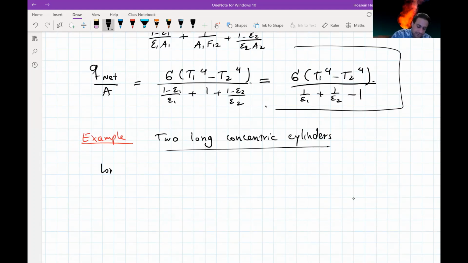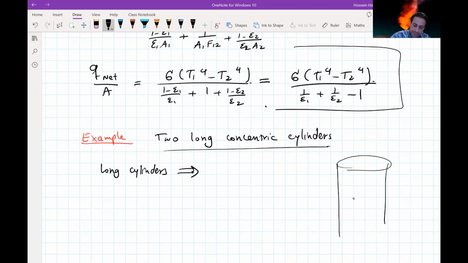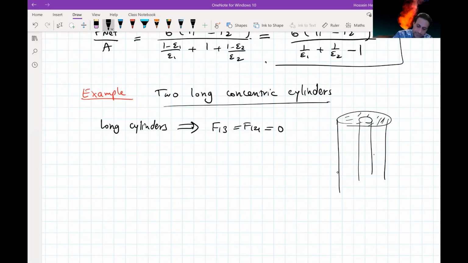Now consider long concentric cylinders. Since they are long cylinders, we can assume the top and bottom surfaces are negligible here, or they don't really contribute. So let's say this is one of them and this is the other one, we can get rid of those ones. So F13 and F14 are going to be 0. If this is 1 and this is 2, F12 is going to be 1, but F21 wouldn't be 1.